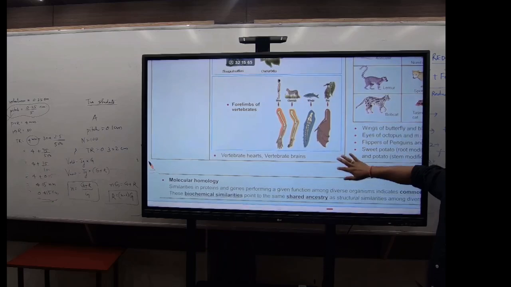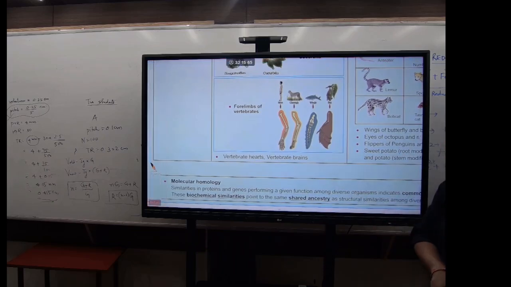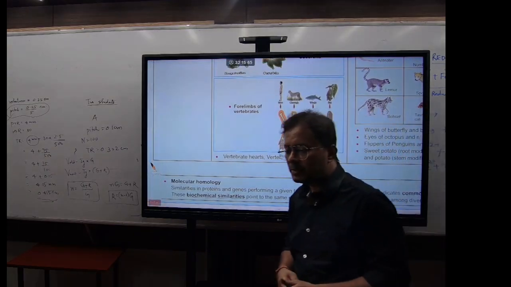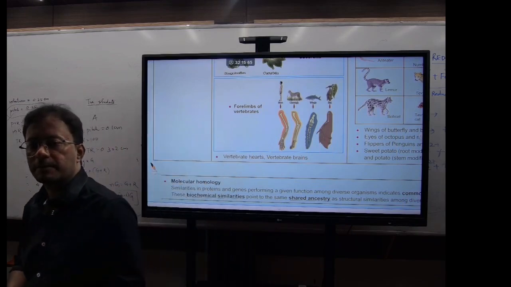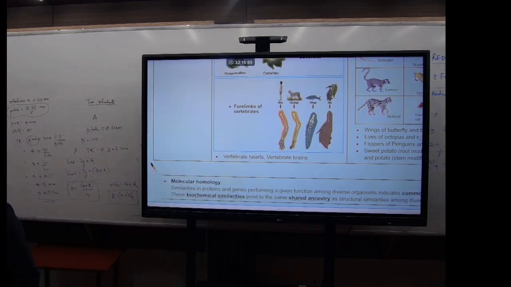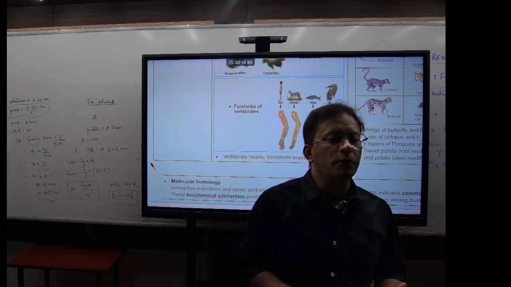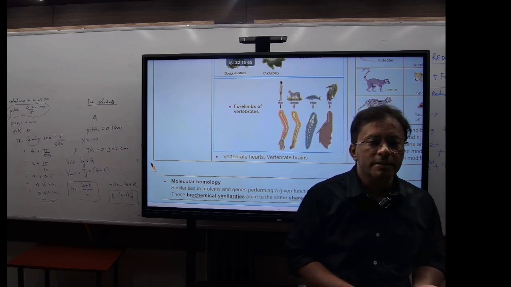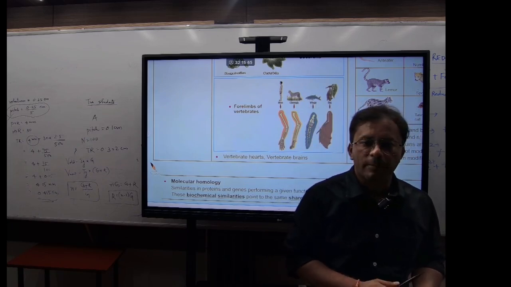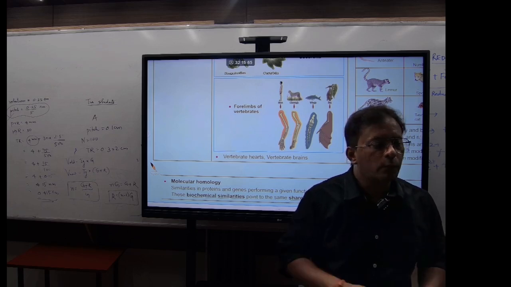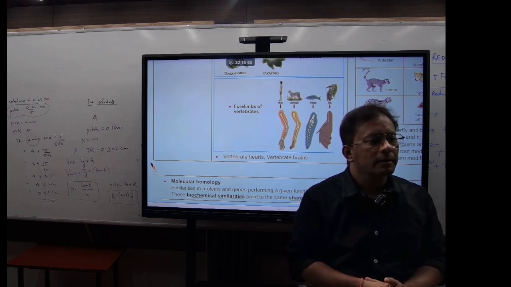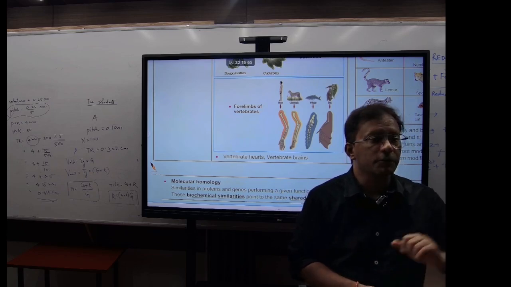Other examples include vertebrate hearts and vertebrate brains. So, vertebrate hearts, fishes have two chambers, correct? Amphibians, reptiles, except crocodiles, 3. Birds, 4. Mammals, 4. Then what is the difference? The function is different. Very good.